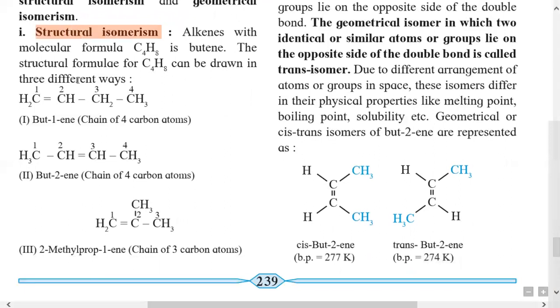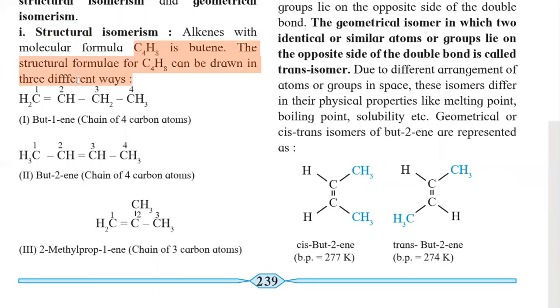For example, if we consider the 4 carbon containing alkene butene, having molecular formula C4H8, the structural formula can be drawn like this: CH2=CH-CH2-CH3. The name of this alkene is but-1-ene. Here the position of the double bond is between carbon 1 and carbon 2.